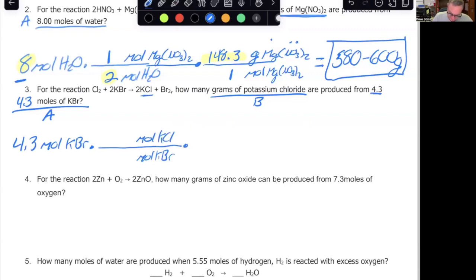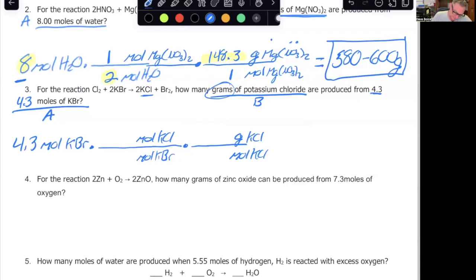I can always fill in the numbers later. For now, I want to know what my game plan is. And I know I'm always going to take my unit and bring it down. So moles of KCl, whatever goes up must come down. And what I want is grams. So grams of KCl, and I'm good to go.